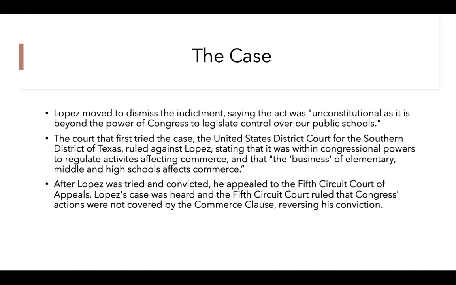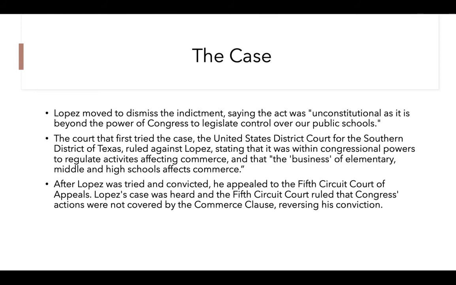Now, after Lopez was tried and convicted of this crime, he appealed to the Fifth Circuit Court of Appeals to try to overturn what happened in the U.S. District Court. Lopez's case was heard, and the Fifth Circuit Court ruled that Congress's actions were not covered by the Commerce Clause, basically reversing his conviction.